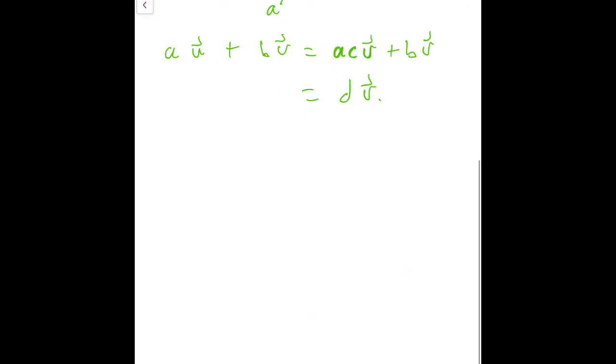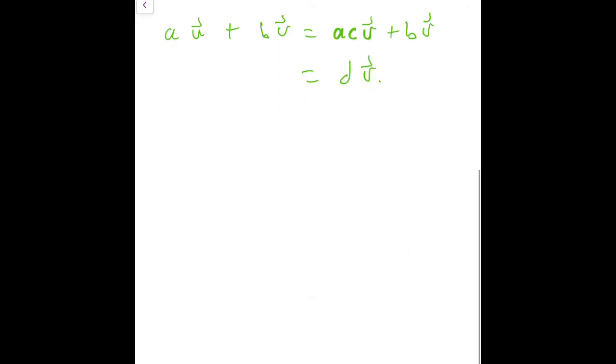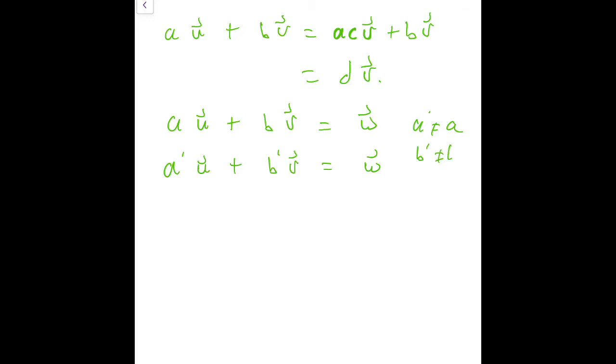Okay, now let's look at a more generic case where W is not equal to 0, and see what information this gives us. So if you look at AU plus BV, this is equal to W. And let's say we also have two other numbers, A prime U plus B prime V. This is also equal to W. And again, A prime is not equal to A, and B prime is not equal to B. Okay, so now what does this tell us?